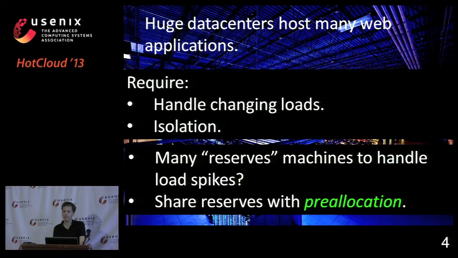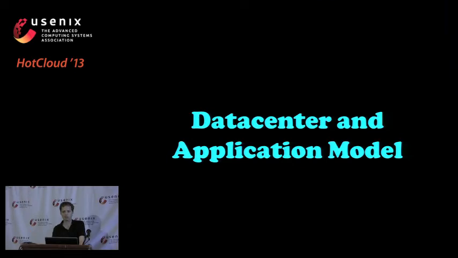In order to accommodate this changing load, we need to have reserve machines, machines waiting for a customer, ready to handle rapidly changing load or load spikes. What we'll talk about here is how to share these reserves by using preallocation without breaking isolation or getting customers worried about isolation.